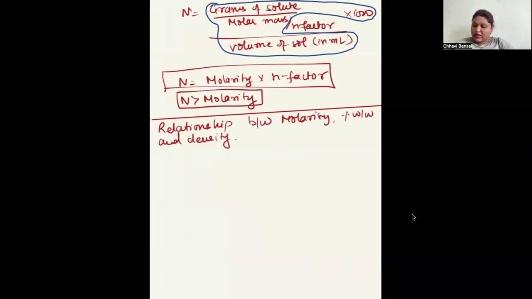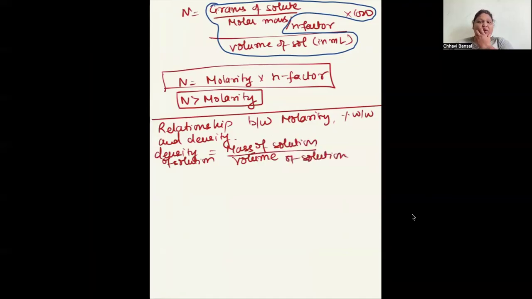How? See, what is density? Density is mass upon volume. Correct? Now, if we are talking about density of solution, it will be mass of solution upon volume of solution.